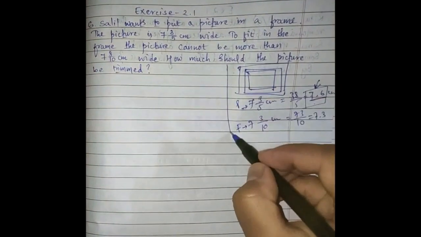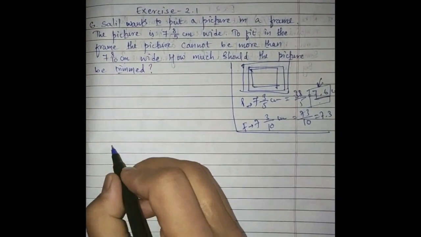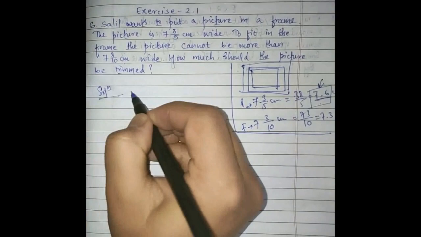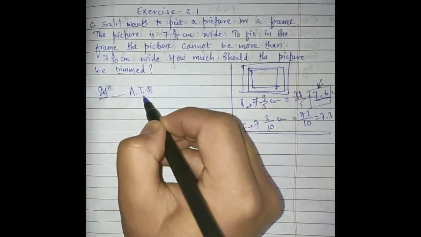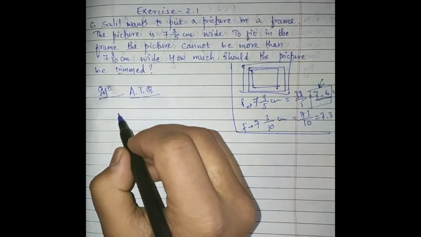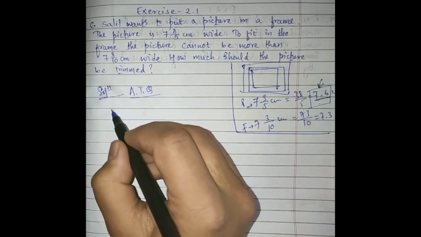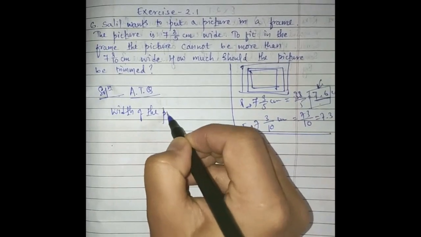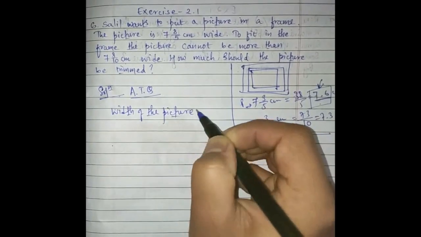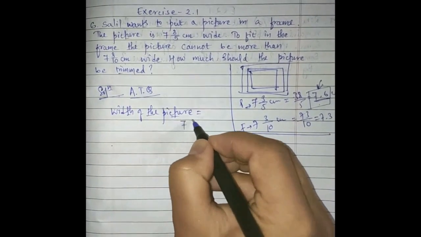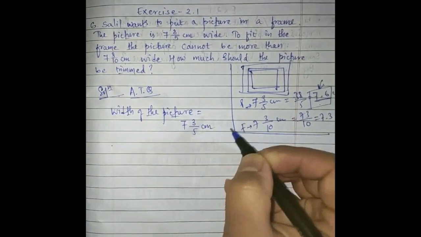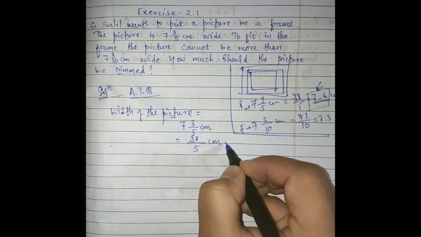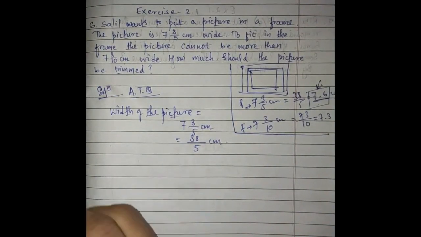So this was a rough. All right, so we will write like this. Solution. According to the question, it is given that the width of the picture is equal to 7 whole 3 by 5 centimeter, isn't it? So it is 38 by 5 centimeter, right? Improper fraction.